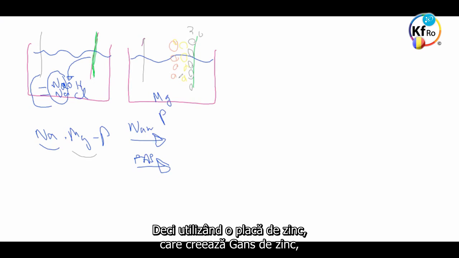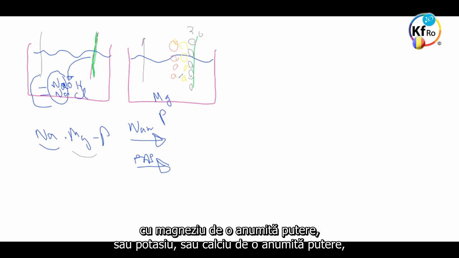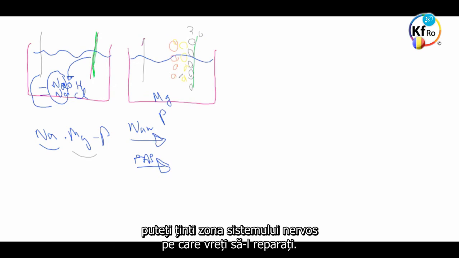So using a zinc plate which created a GANs of zinc with a magnesium of a certain strength, or potassium or calcium of certain strength, you can target the area of the neural system you want to repair.